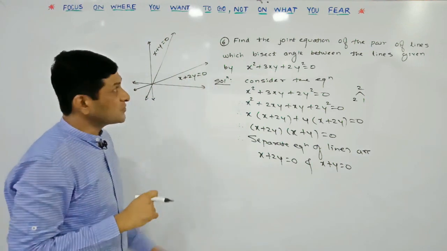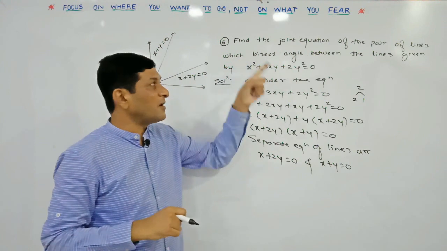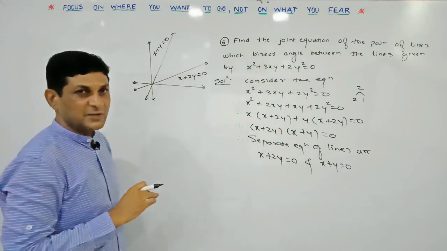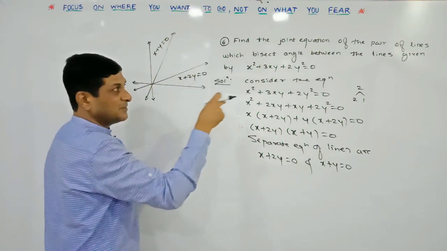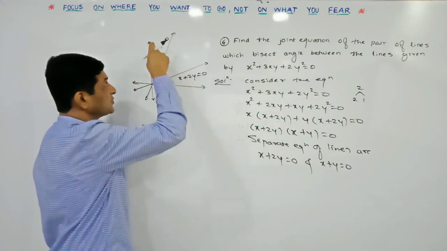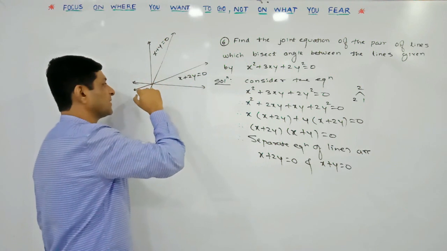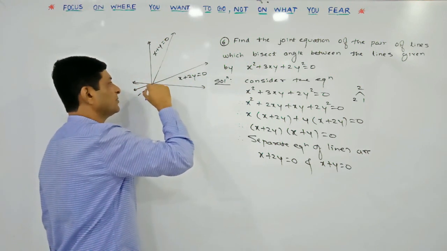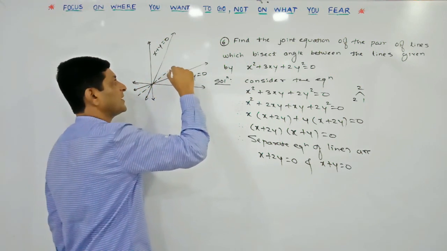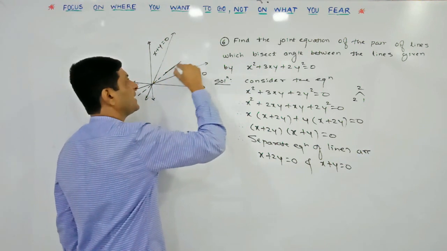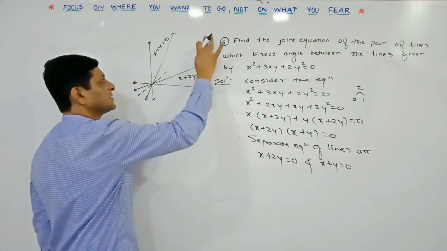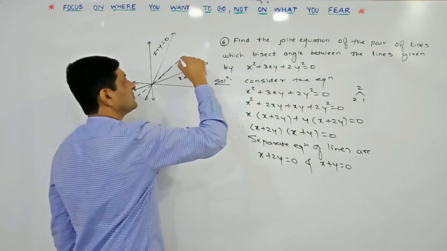Now the question is to find the joint equation of the pair of lines which bisect the angle between the lines given by this equation. These are the two lines and this is the angle between them.